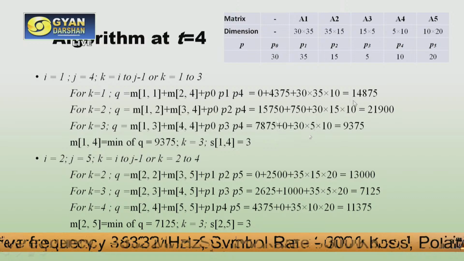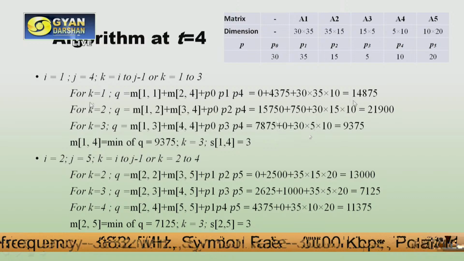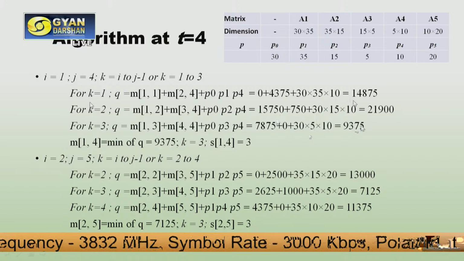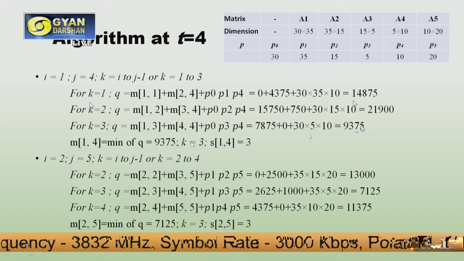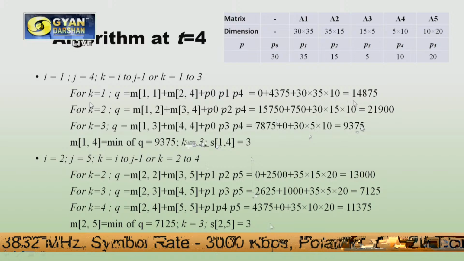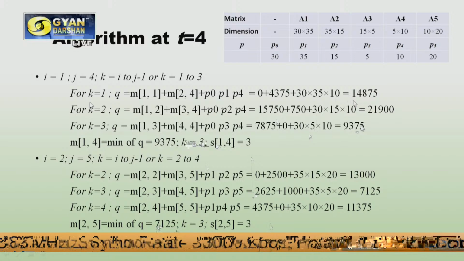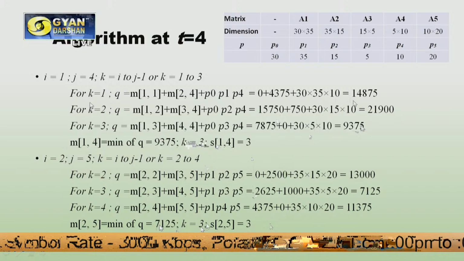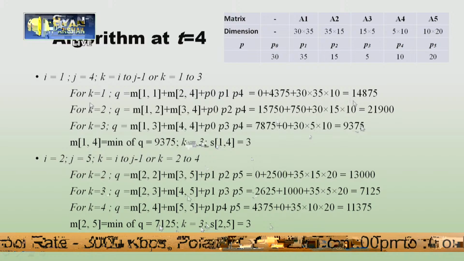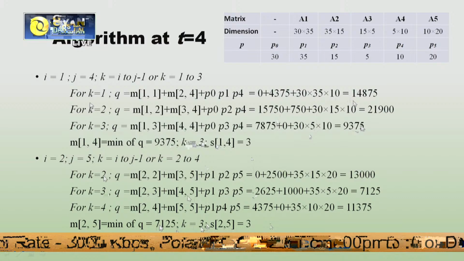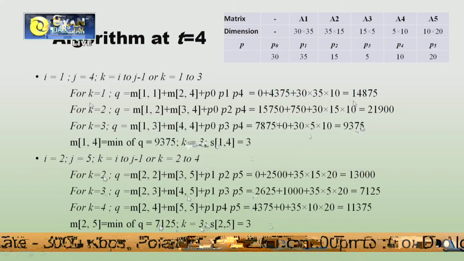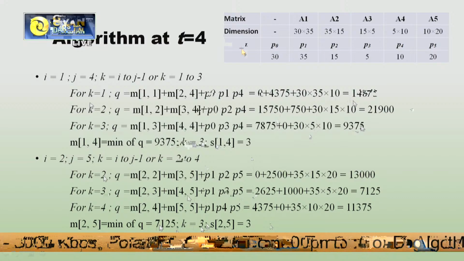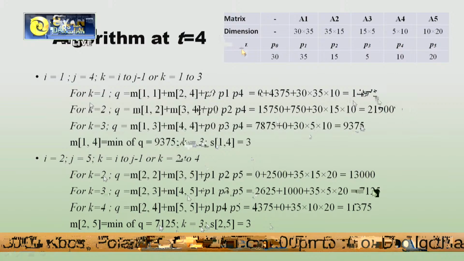And the value of k, out of these three, what you find? The minimum is this value, which is k equals 3. In the second case, the minimum value is 7125. The value of k even at this point is also 3.